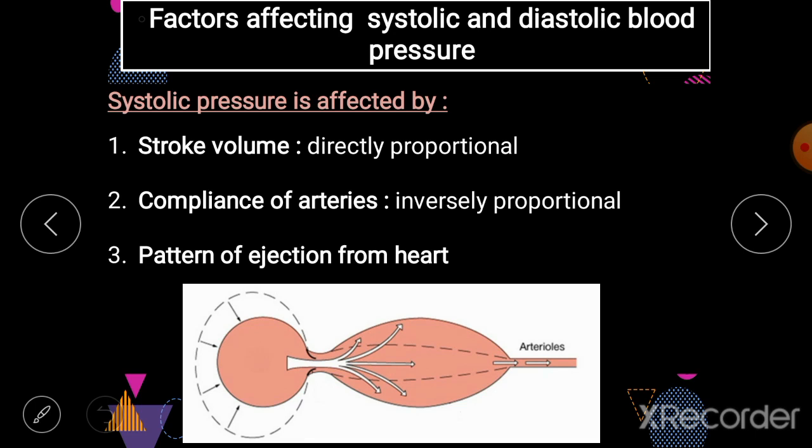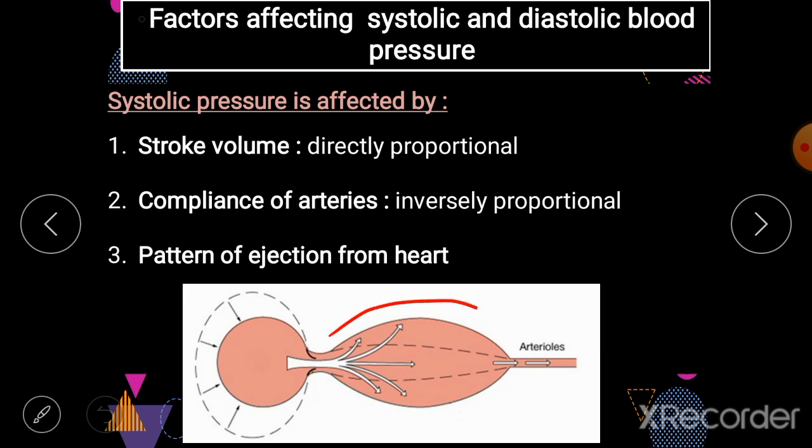The second factor which affects the systolic blood pressure is the compliance of arteries, especially the compliance of aorta. The compliance of aorta is inversely proportional to systolic blood pressure. What does this mean?